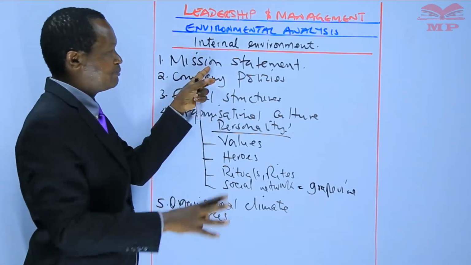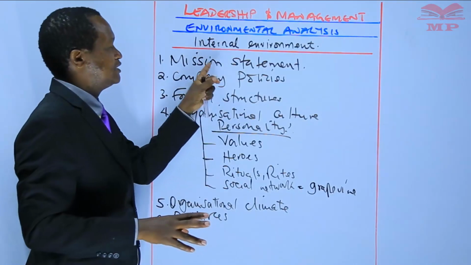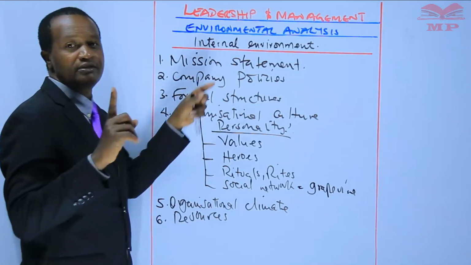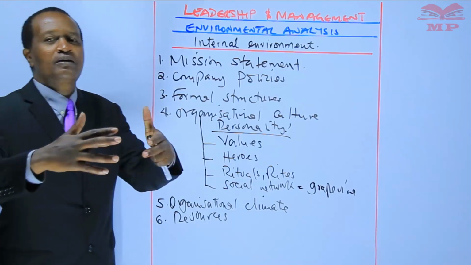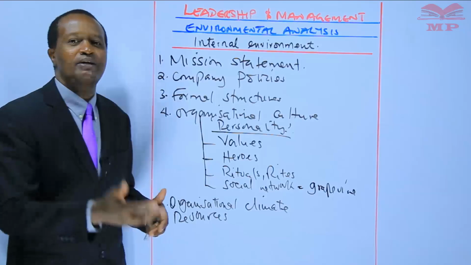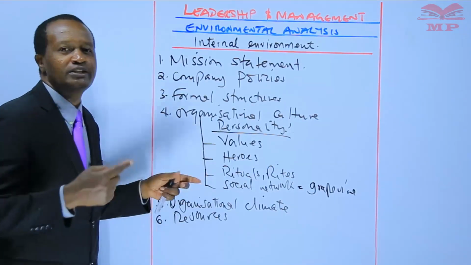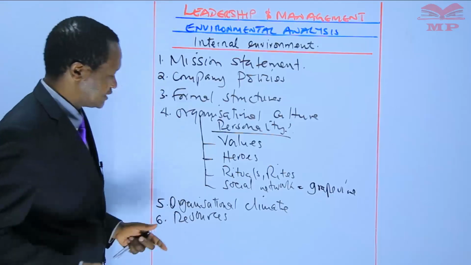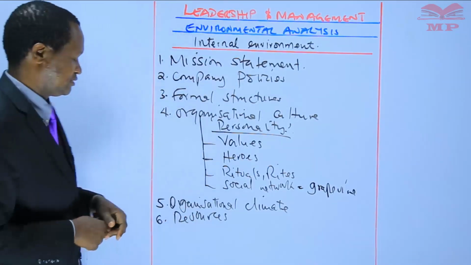These are things that people use in order to accomplish the statement, the mission of a company. So the availability of resources and the way the managers value the human and the non-human resources impact the organization's internal environment.